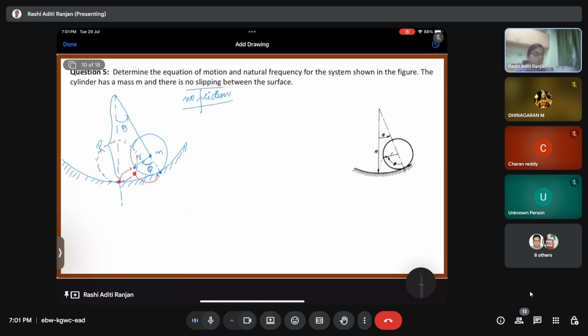So the total energy is constant. It is not changing with respect to time. So if we evaluate the total energy and then differentiate it, we can find out the equation of motion, right? Just a second.